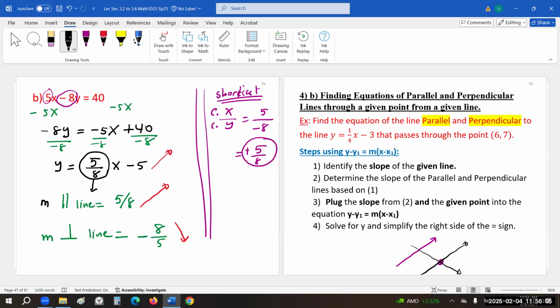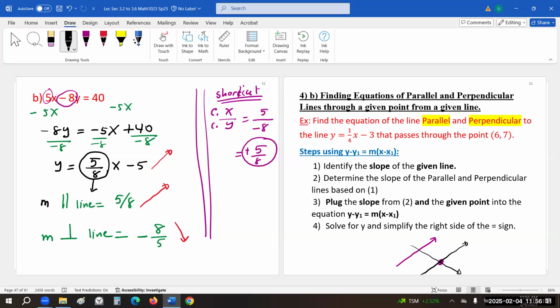Anytime they give us a line, they give us that line only to get the slope from that line, okay? So if you already see the slope of the given line, you're done. If you don't see the slope of the given line, find it. Convert the equation into y equals mx plus b format so that you can see your m in front of x.